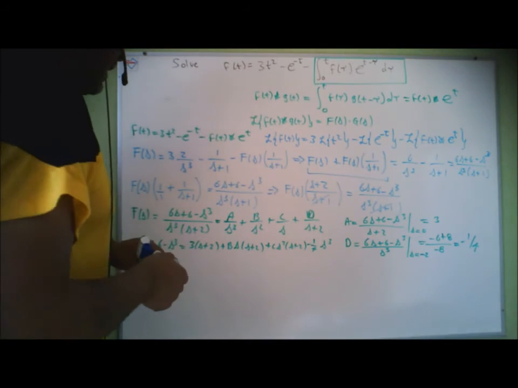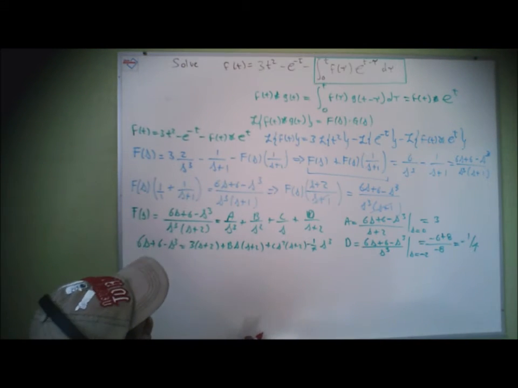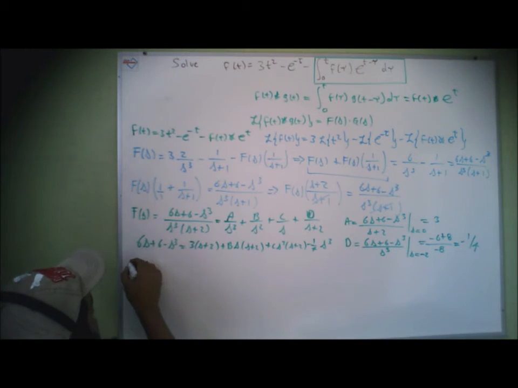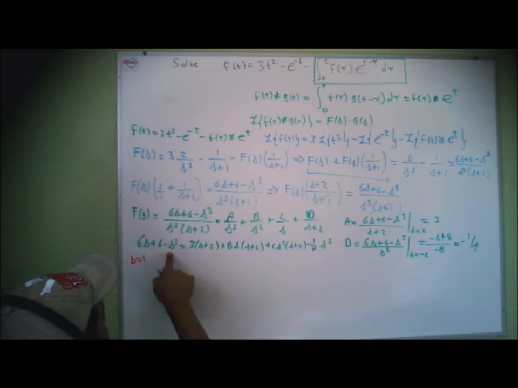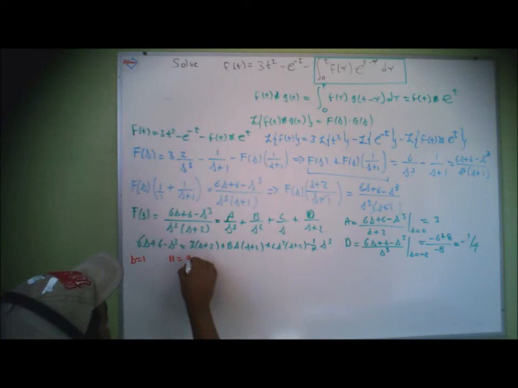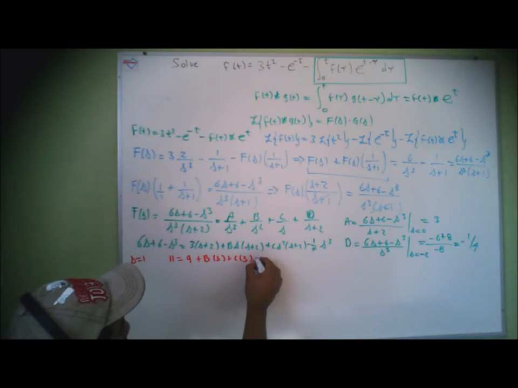Okay, I'm going to choose an easy number. We cannot repeat the values of s equal to 0 and s equal to minus 2, so I'm going to choose s equal to 1. So if s is equal to 1, this is 12 minus 1, 11, equal to 3 times 3, 9, plus B times 3, and then plus C times 3 here, minus 1/4.